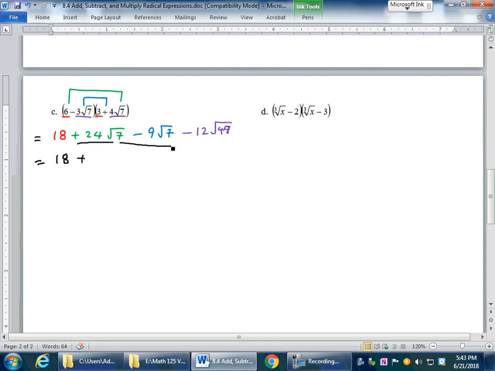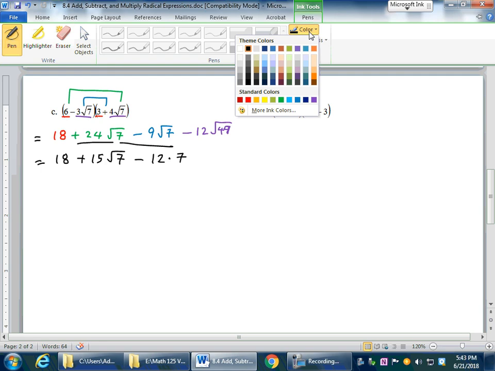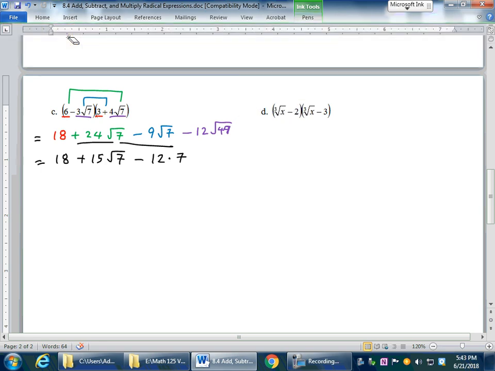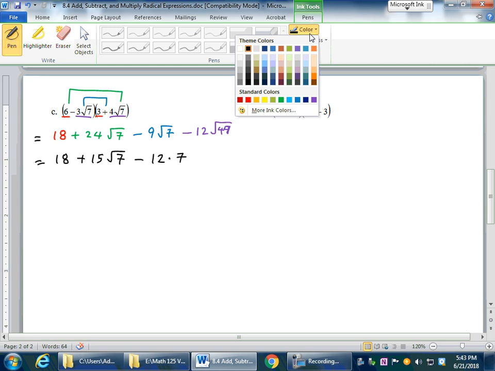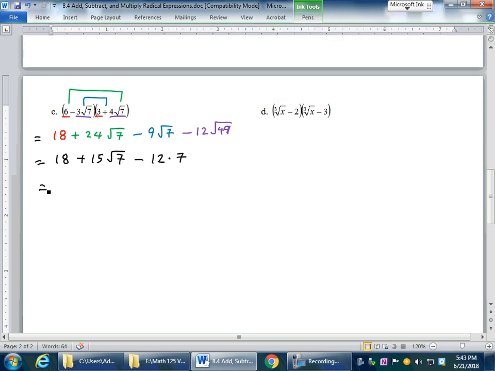are like radicals, so that will become 15 square root of 7 minus 12 times square root of 49 is 7. So finally, when I continue simplifying this, that will become negative 12. You can use your calculator, right?